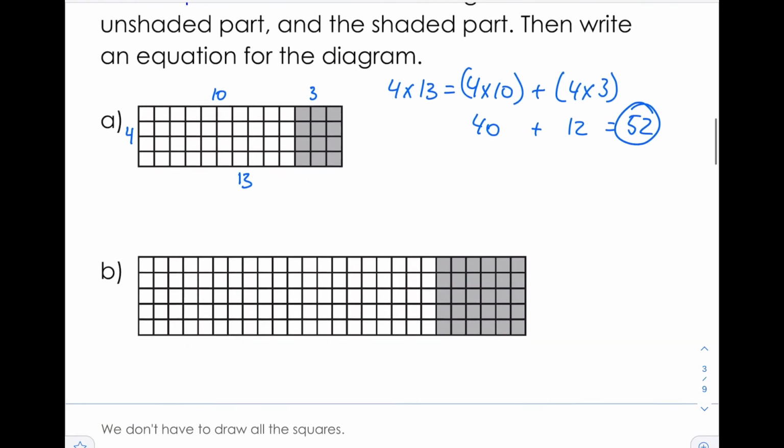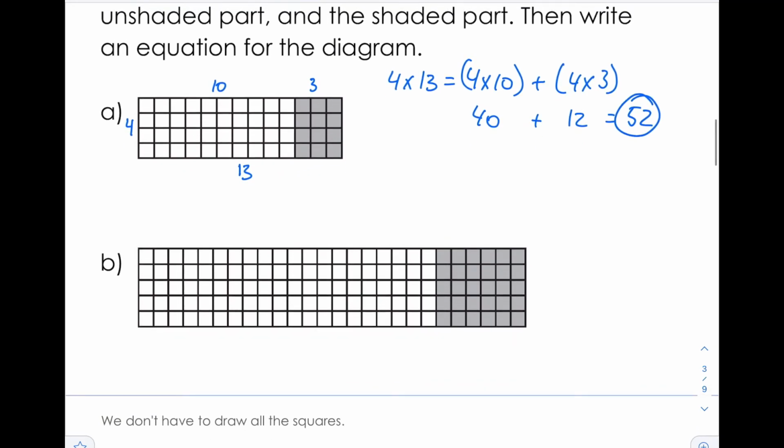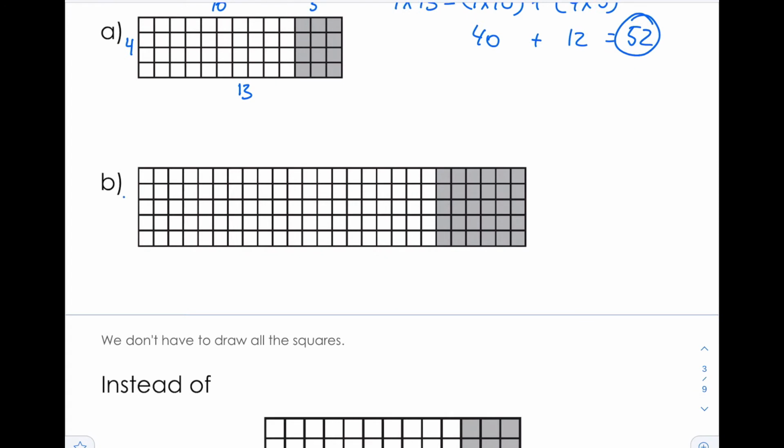Go ahead and try the next one. Come back when you're ready. So here we have 5 rows and 26 columns altogether. So that is a multiplication of 5 times 26. The white part has 20 columns and the shaded part has 6 columns.